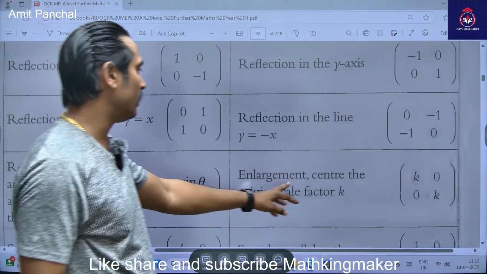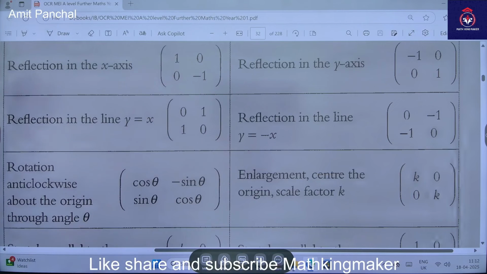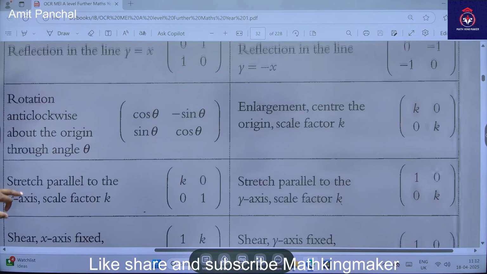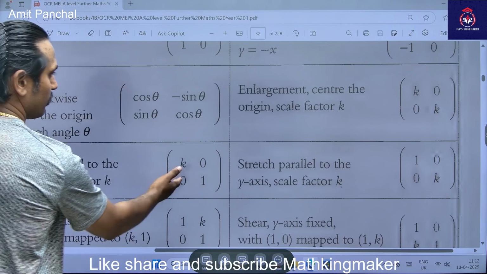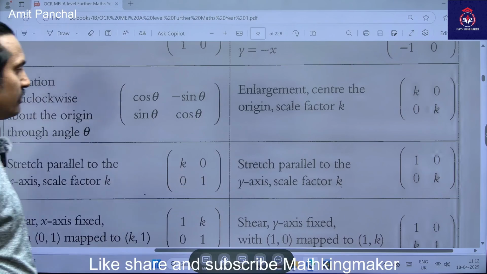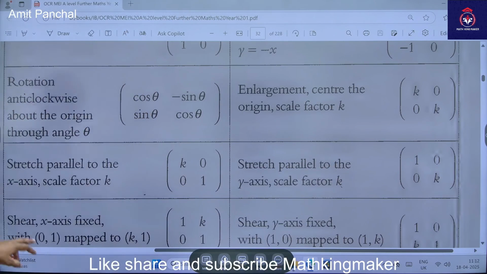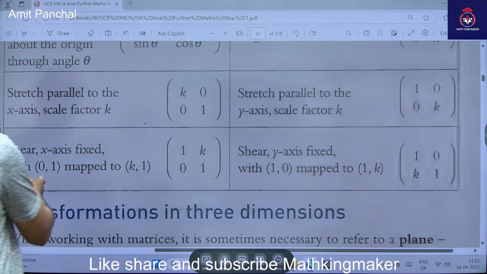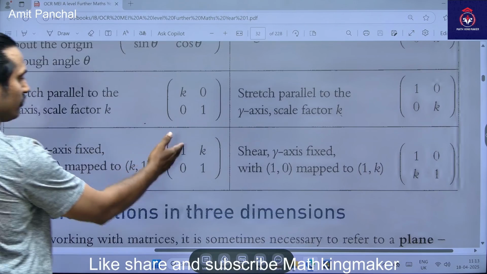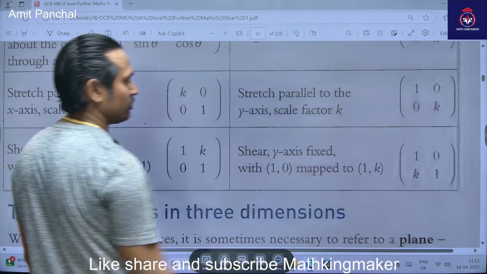If it is an enlargement, you will get k on the diagonal, where k is the scale factor. Then a stretch parallel to the x-axis with scale factor k, and a stretch parallel to the y-axis with scale factor k. Now for shear: if the x-axis is fixed, it is (1, k; 0, 1), and if the y-axis is fixed, it is (1, 0; k, 1).